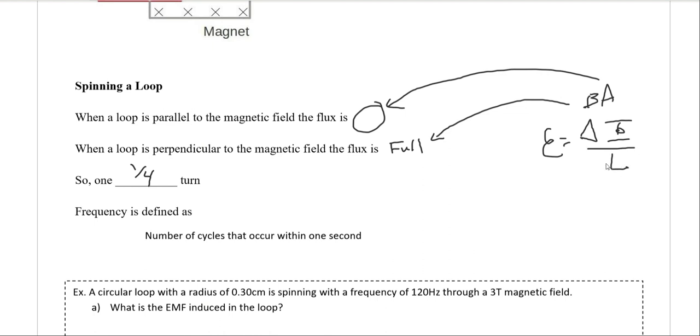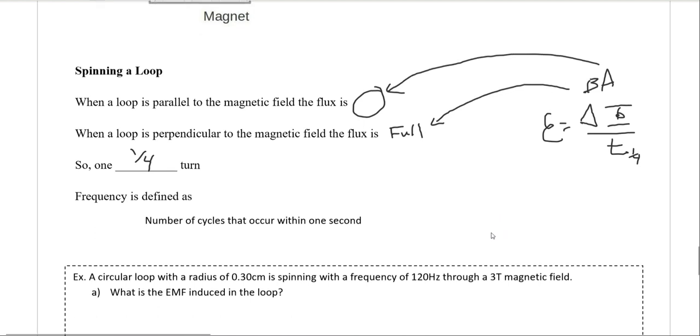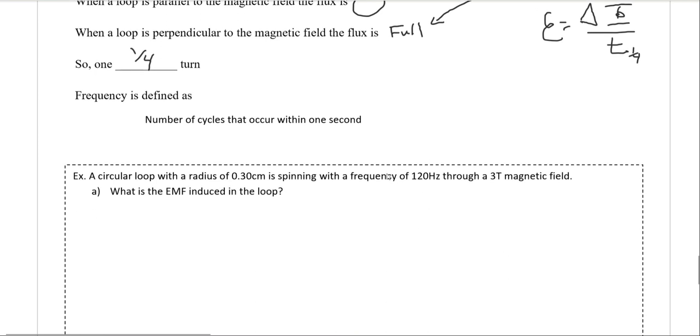And you want to divide by the time for a 1/4 turn. That would be the rate of change of flux, because it goes from full to 0 in a 1/4 turn. So if you know the frequency, which is how many turns per second, you can find the time for a 1/4 turn. Let's take a look at this.